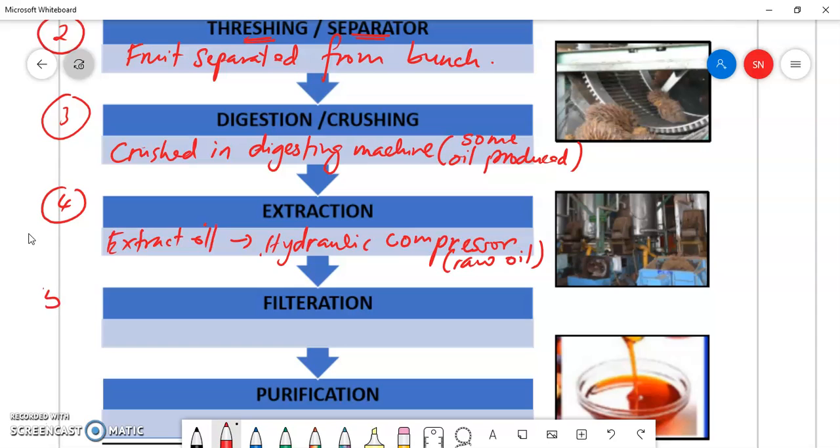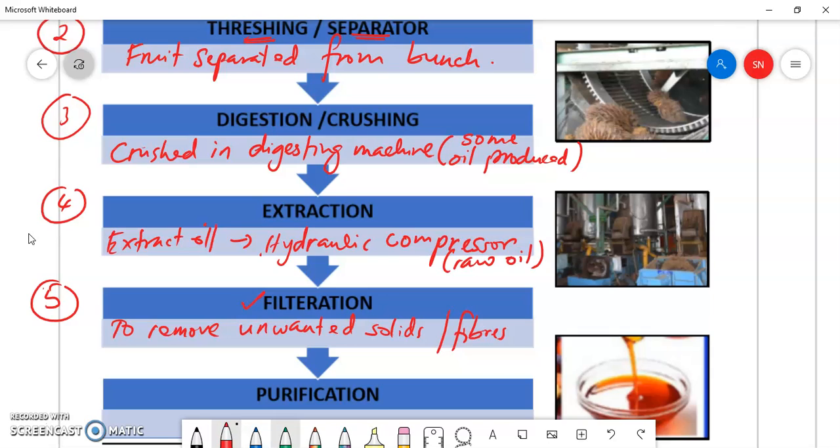So the fifth step involved here is called filtration. Okay, filtration step, very easy, to remove the unwanted solids or fibers from the oil. So this is to remove unwanted solids or fibers from the fruit.